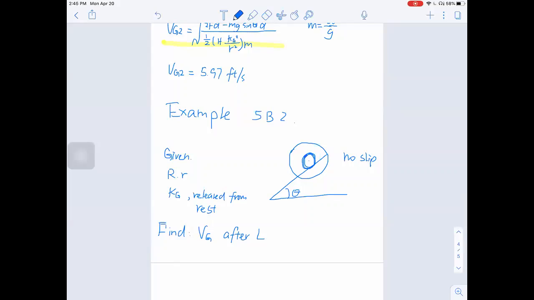I just want to set up this problem so that you can practice it on your own.